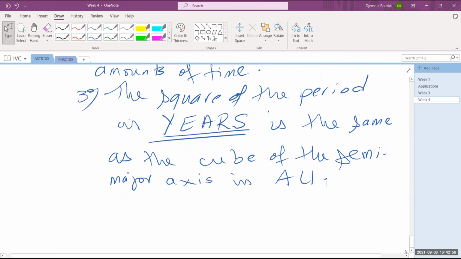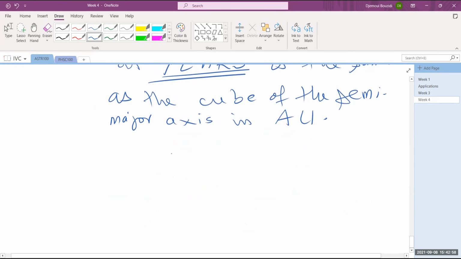Mathematically we write this expression, p squared equals a cubed, provided p is in years and a is in AUs. So these are basically the three laws of Kepler. That is what we're supposed to put today in the discussion item.